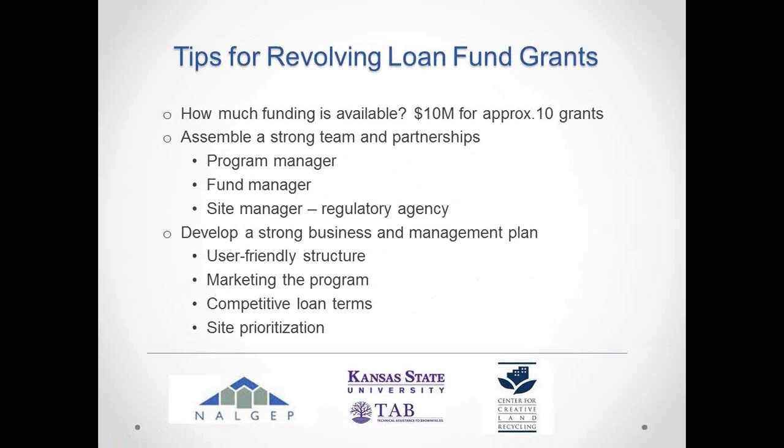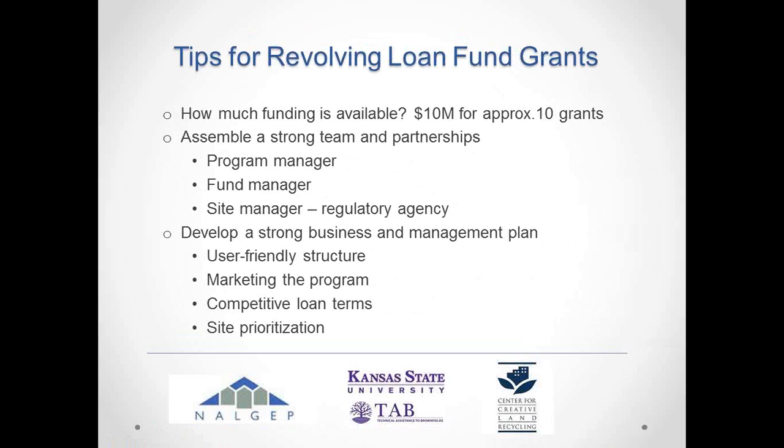So your program manager, fund manager, and the relationship between your site manager and regulatory agencies are key. And demonstrating this to the reviewer will give you a leg up on your competition.